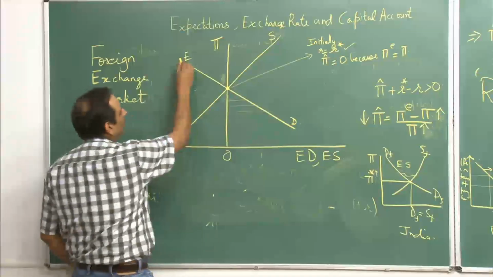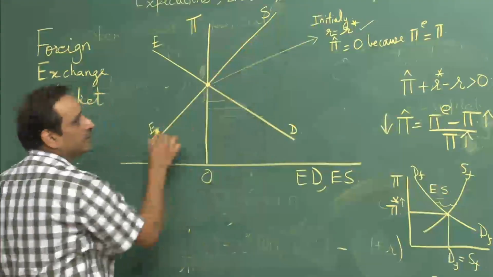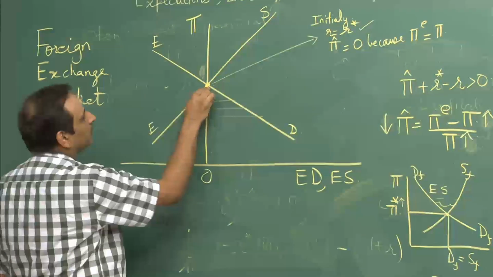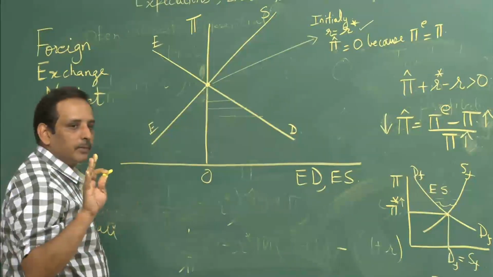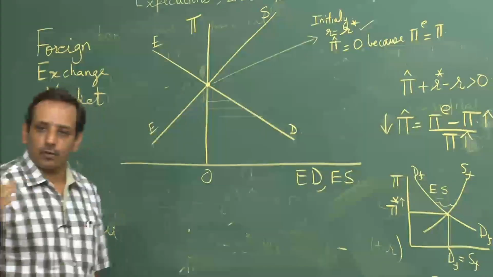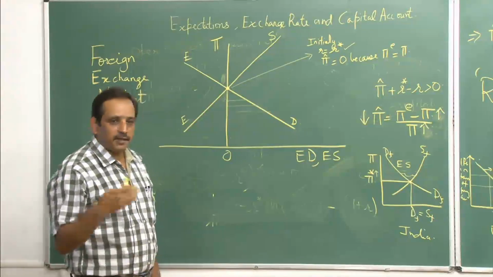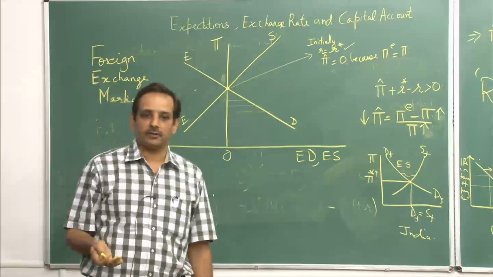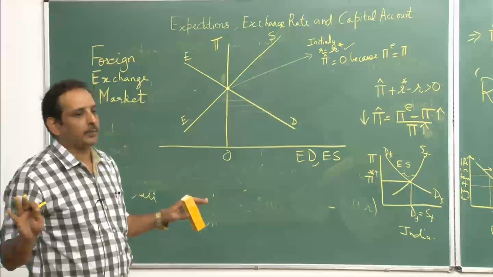All right, so you have the ED curve, you have the EC curve. This is the initial situation, it is an equilibrium condition, open interest differential is 0, and so ED is 0, ES is 0, it is equilibrium.